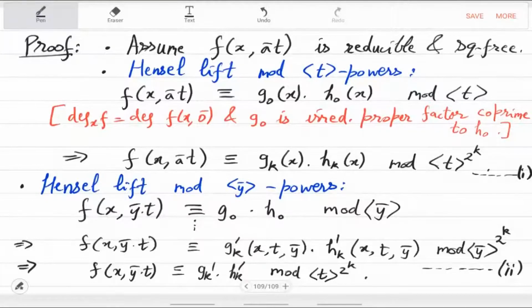This also follows from the above factorization, because note that y1 to yn we are multiplying each of these variables with t, right.